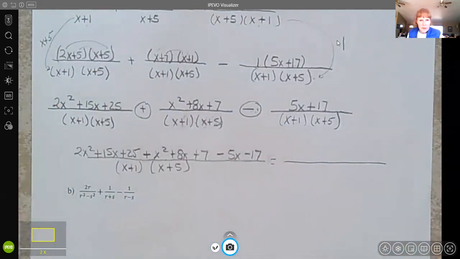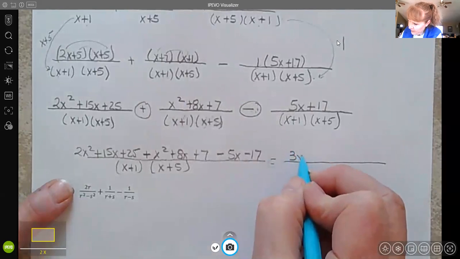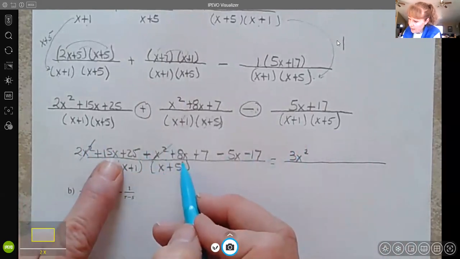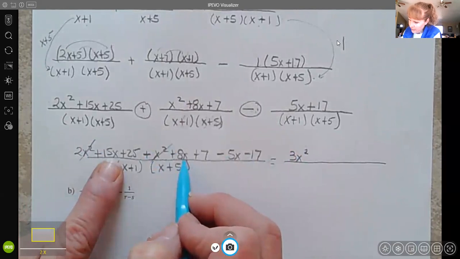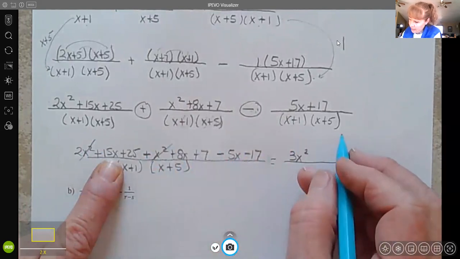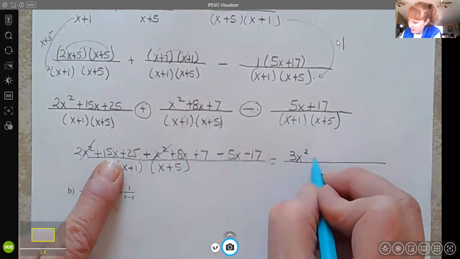We have 2x squared and a 1x squared is a 3x squared. That takes care of those. Let's see, we've got 15x and 8x, give you 23x. And then a minus 5x gives you positive 18x.